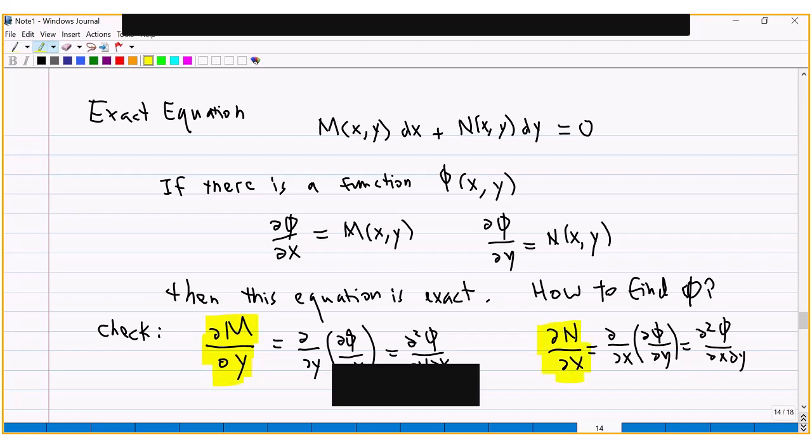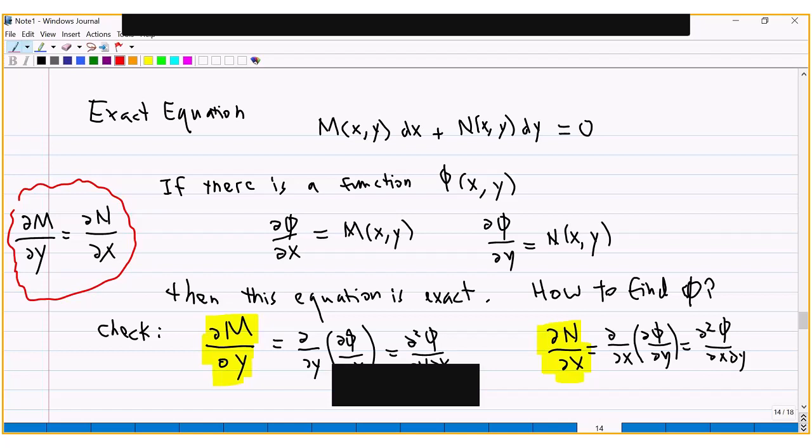The partial differentiation of N with respect to x, and the partial differentiation of M with respect to y. Are they equal or not? That means the whole thing is exact if they are equal. If they are equal, this is an exact equation.